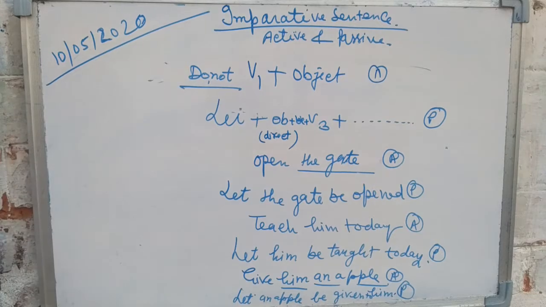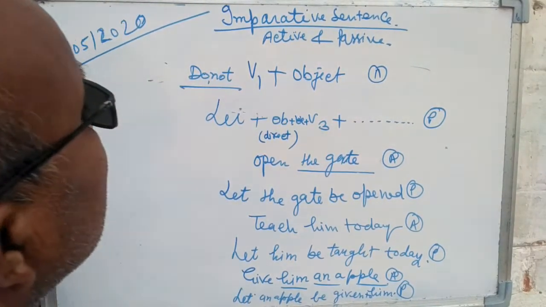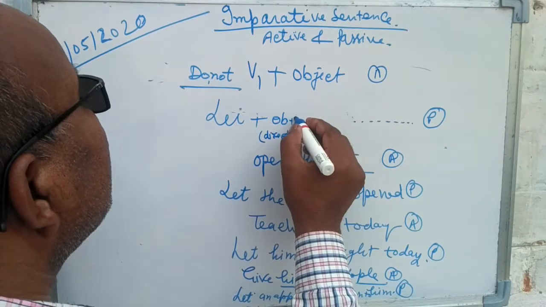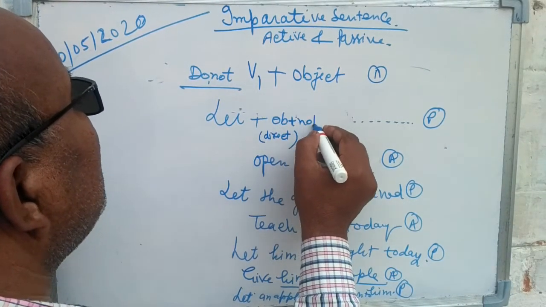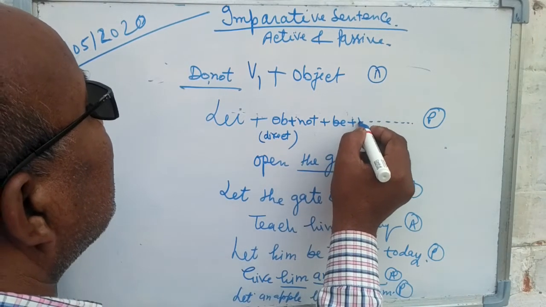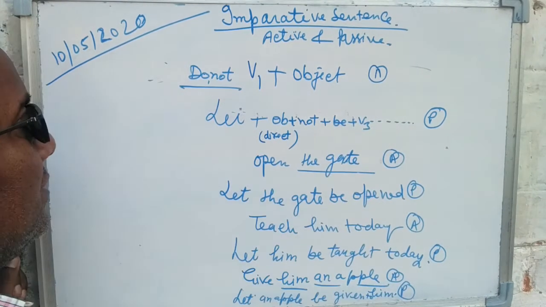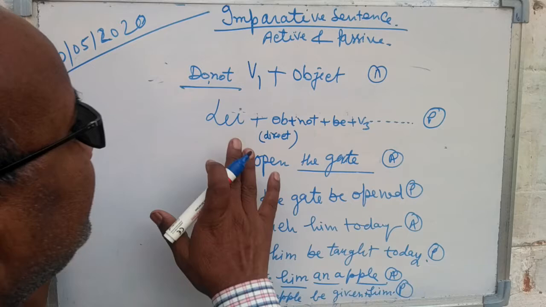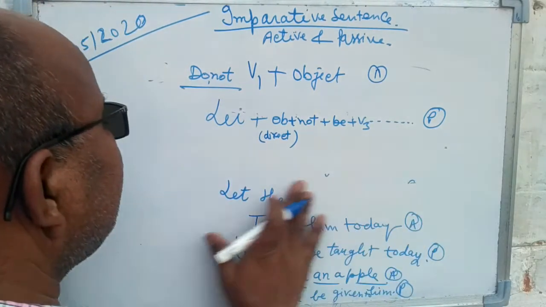Don't, even, and in passive, it comes before be, after the object. In this way, you can change an active sentence into passive.